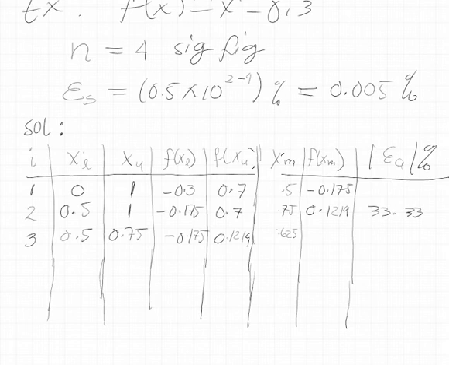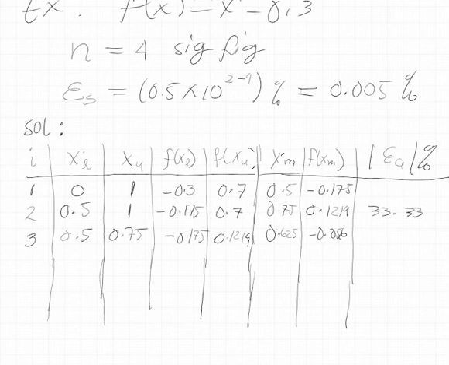This is xm: 0.5, 0.75, 0.625. Then what will be our new f of xm? So we substitute 0.625 to the function. So the answer here is negative 0.056.